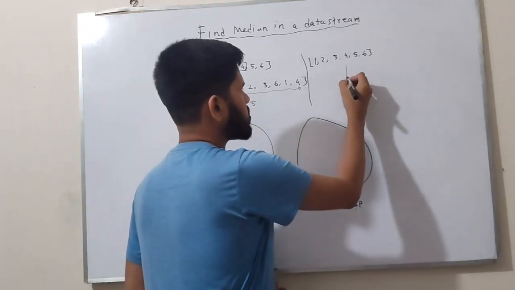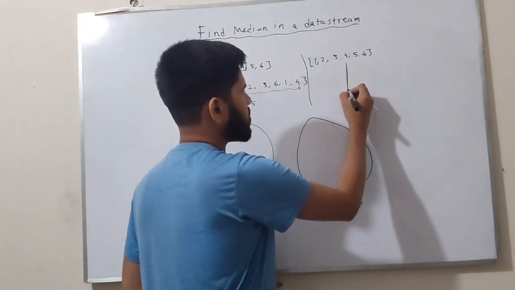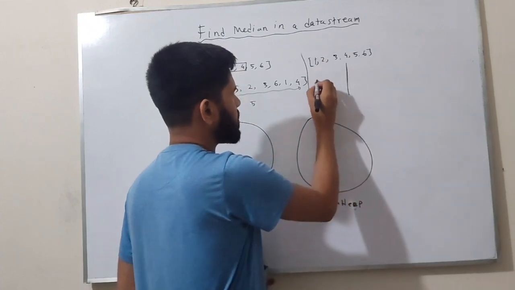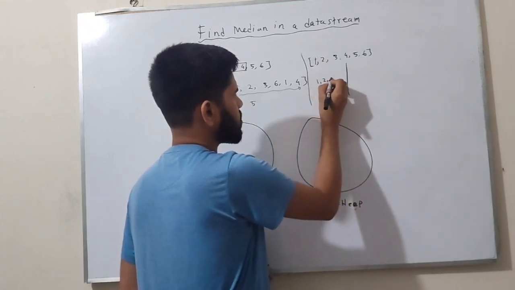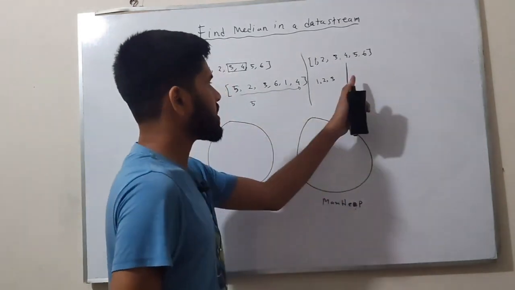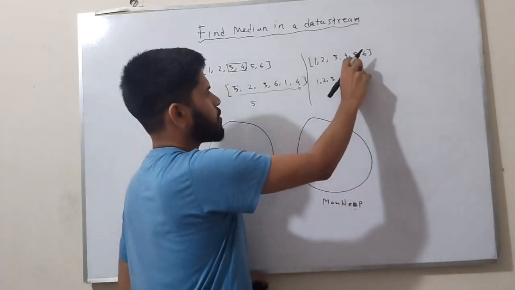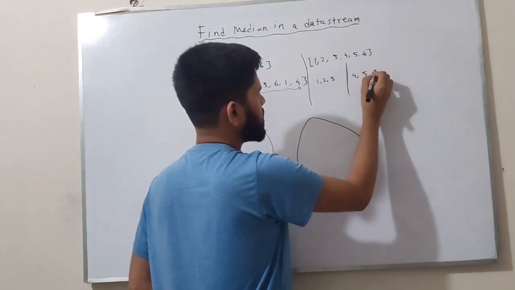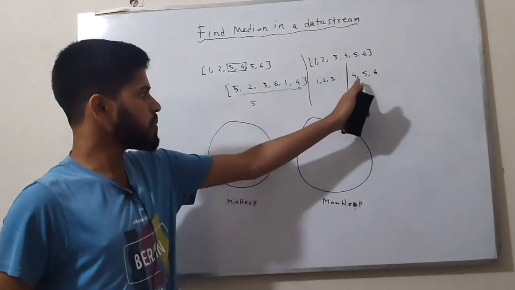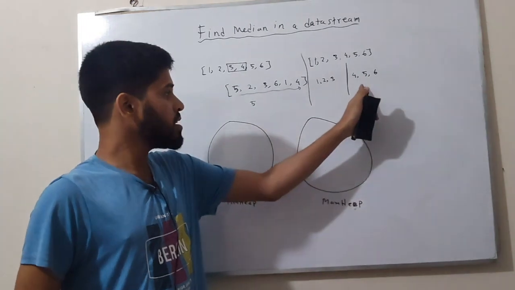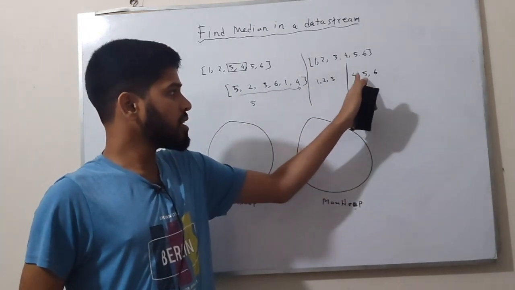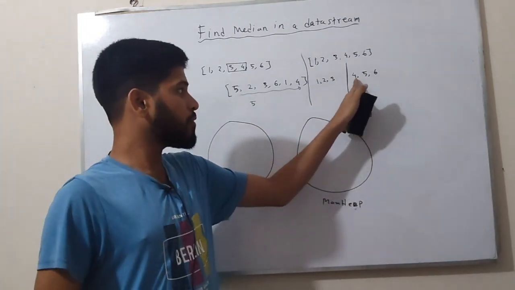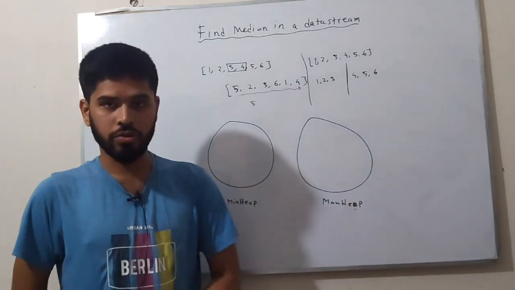In our first part, we're going to take the first three elements, 1, 2, and 3. In our second part, we're going to take the three elements 4, 5, 6. We're going to store 4, 5, 6 in our right half, and in the left half 1, 2, 3.